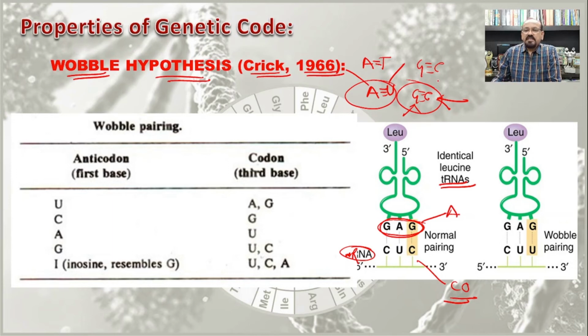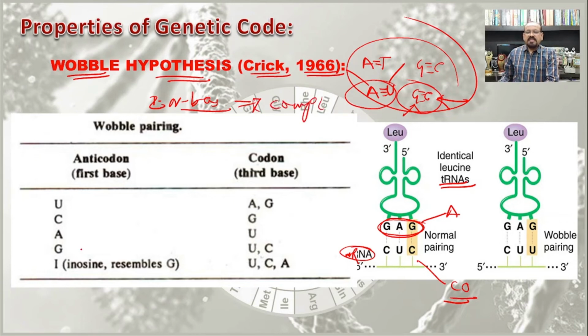So the Wobble hypothesis says that the first 2 nitrogen bases are complementary. For example, if ACU is present on the mRNA, the anticodon will be UGA.